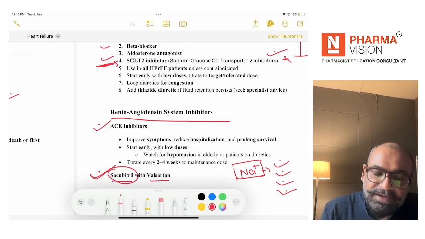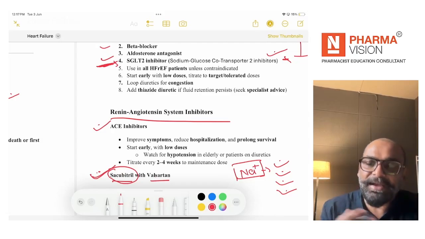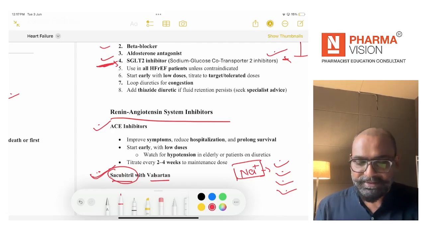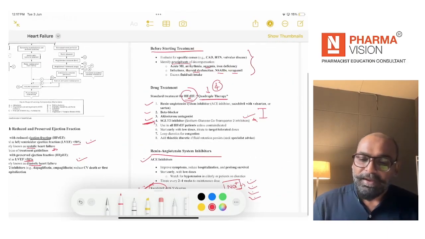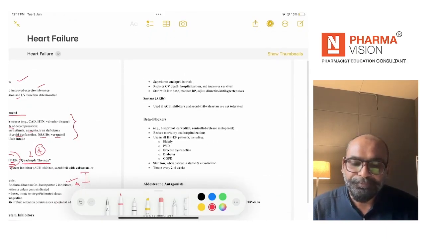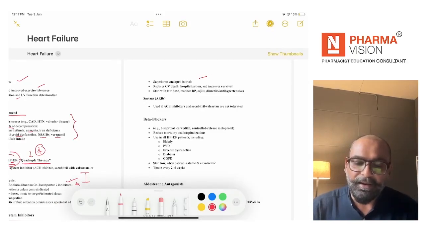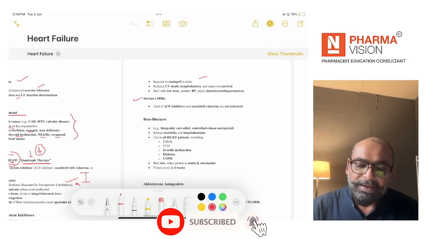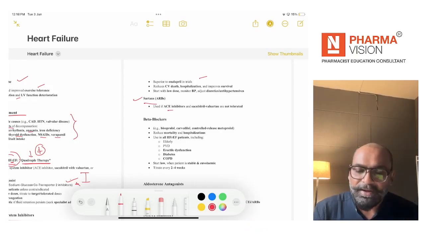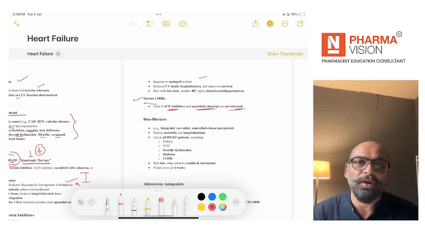If the patient is unable to take ACE inhibitors or this combination, then we can go with the ARBs, angiotensin receptor blockers. Okay, sacubitril-valsartan is superior to enalapril. That means this combination is better than the ACE inhibitors, and sartans can be used when ACE inhibitors or this combination are not tolerated.